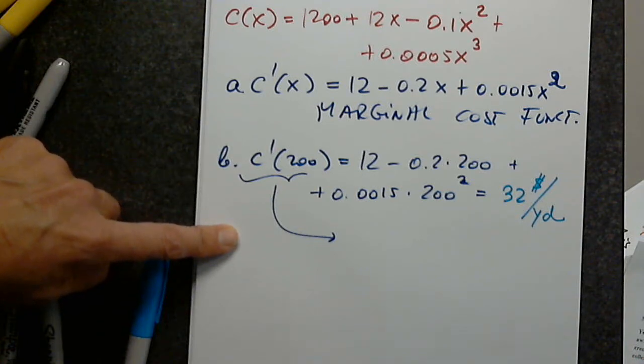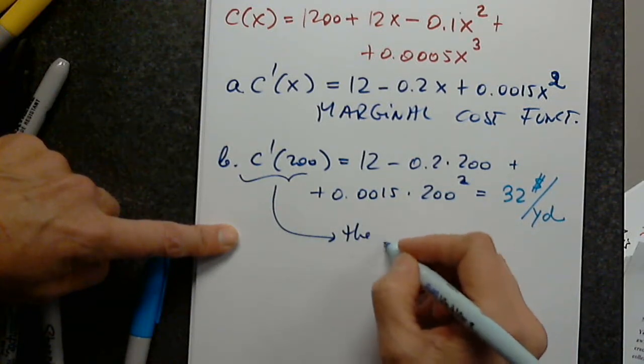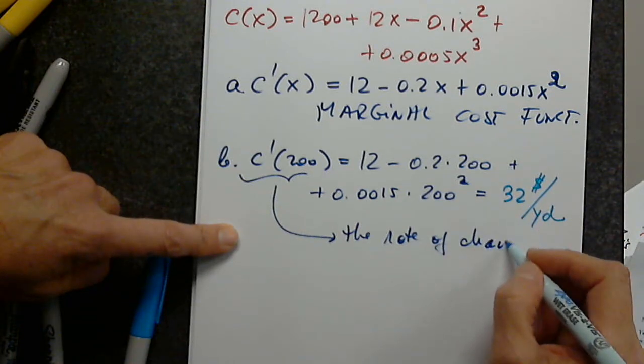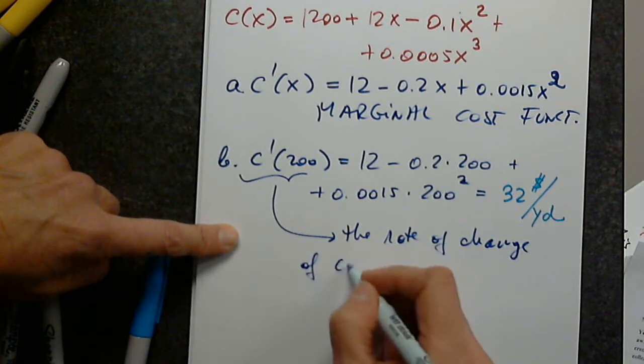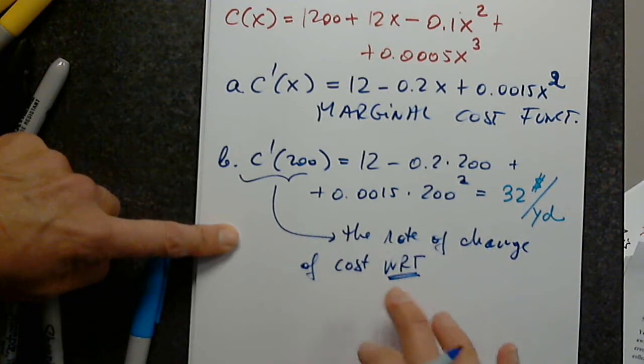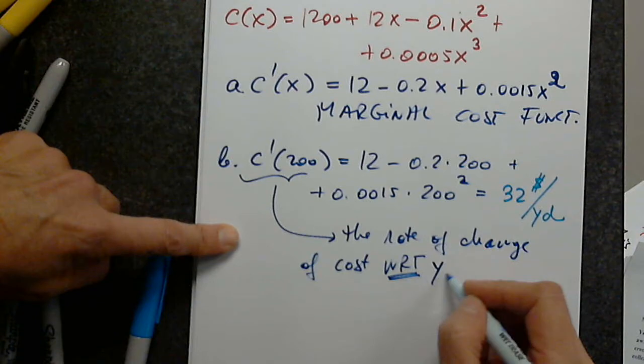Okay? So this is the rate of change, 32, of cost with respect to time, WRT, with respect to yards.